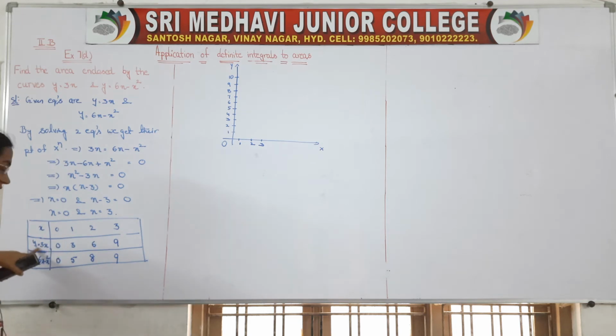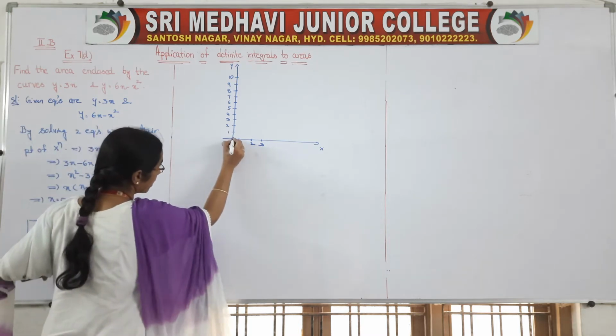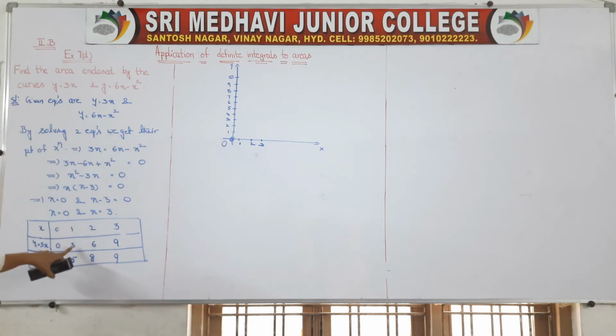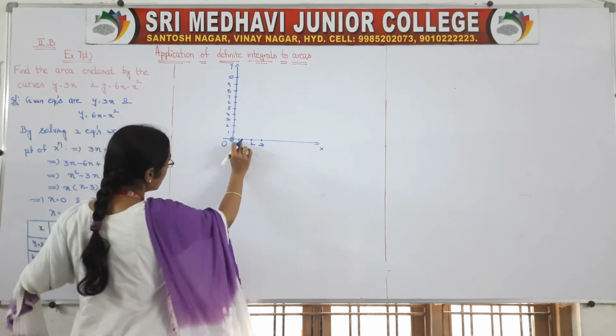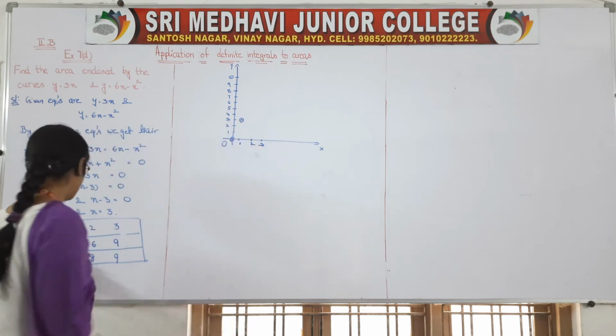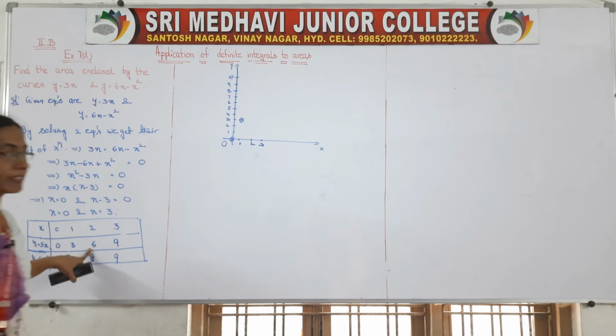Now first try to draw this y is equal to 3x diagram. First x at 0, y at 0. So which point? This point. Next x at 1, y at 3. Next x at 2, y at 6.